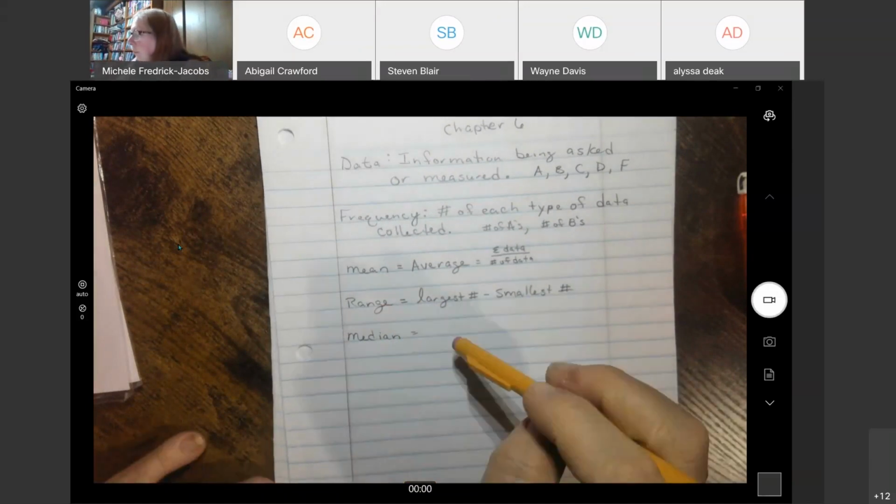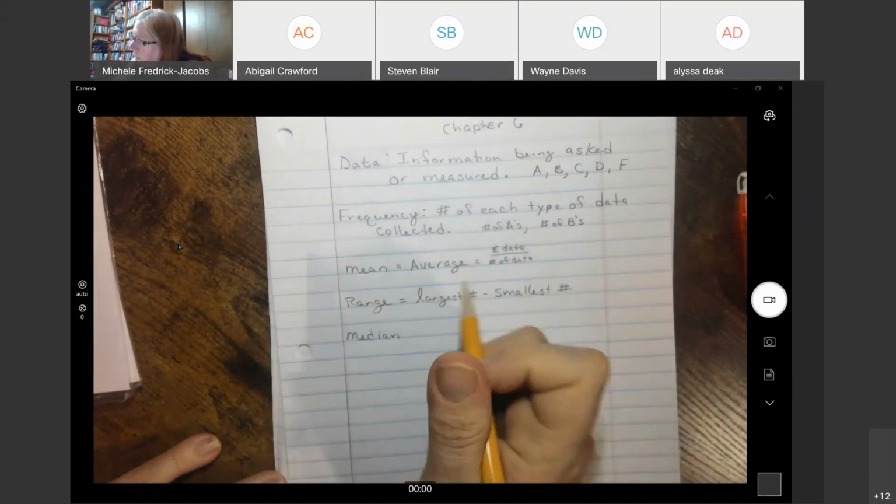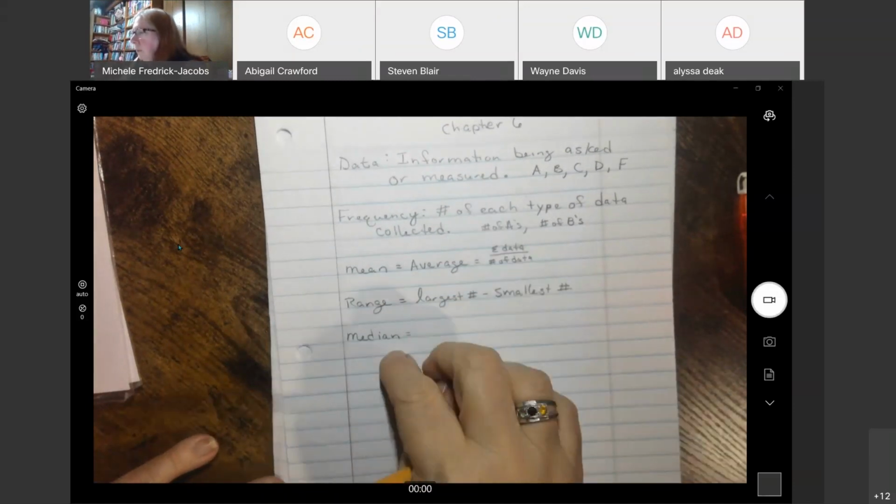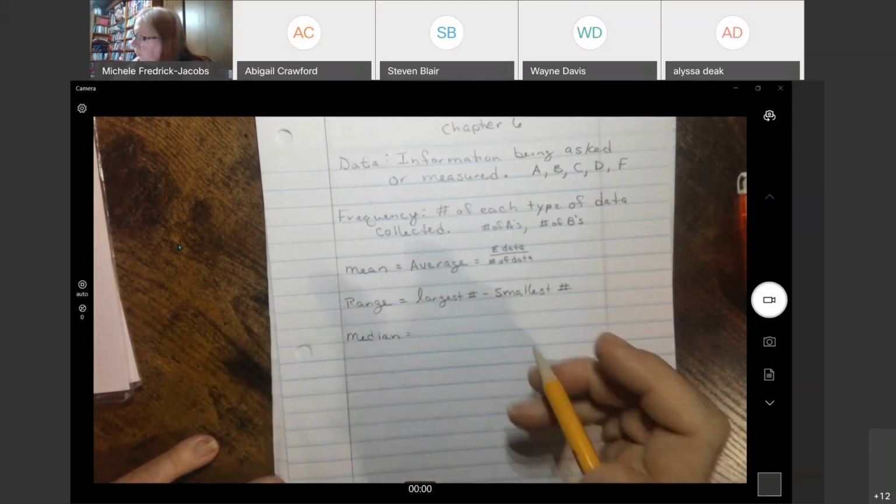The median is the middle number. What you have to be careful of is the data has to be in order first.